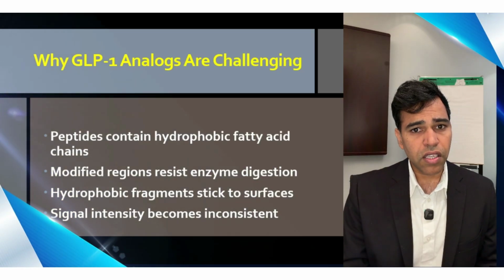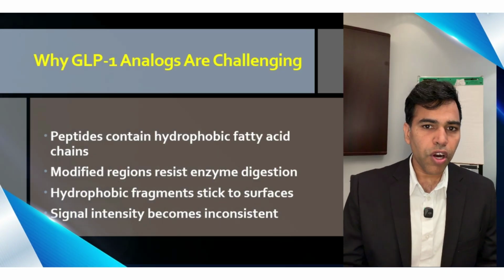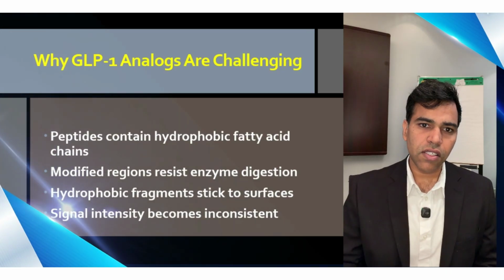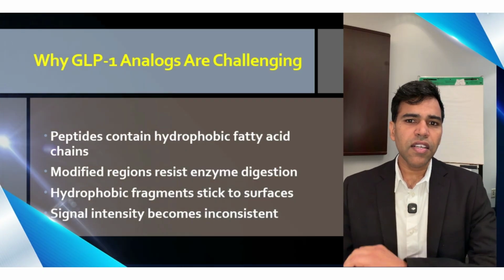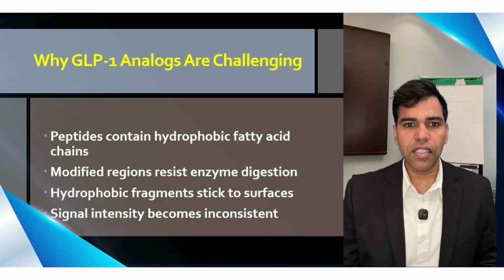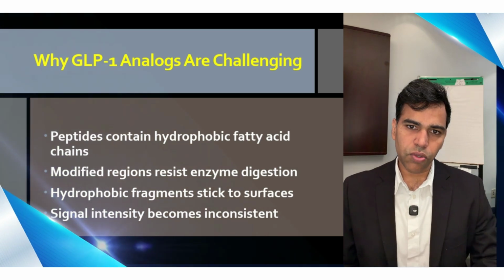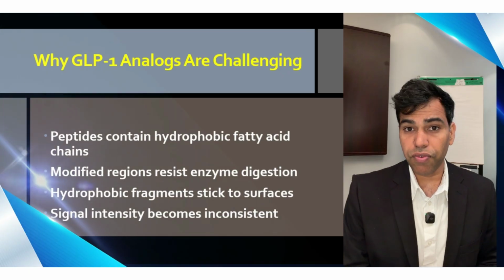Hydrophobic fragments adhere to surfaces and column hardware. Modified regions resist standard enzymatic digestion. Signal intensity becomes inconsistent, and that inconsistency is hard to diagnose if you haven't mapped a molecule like this before.